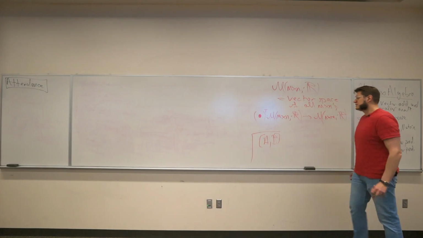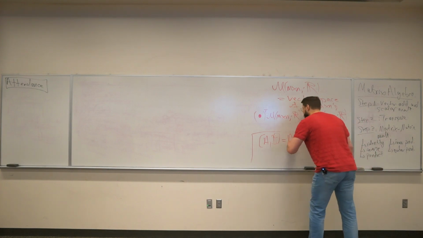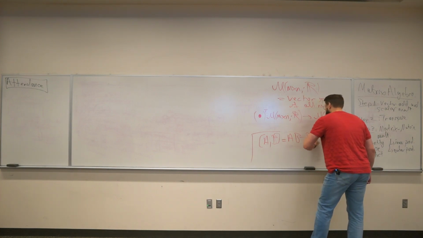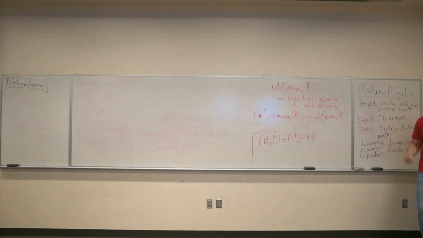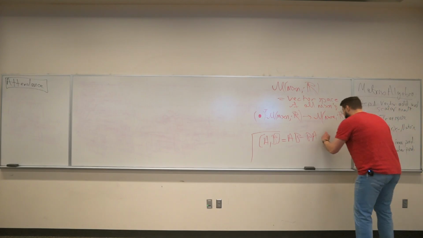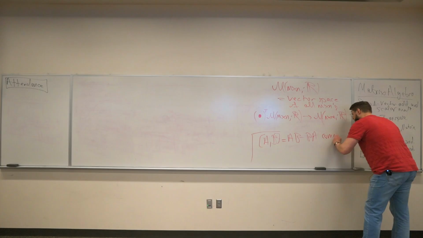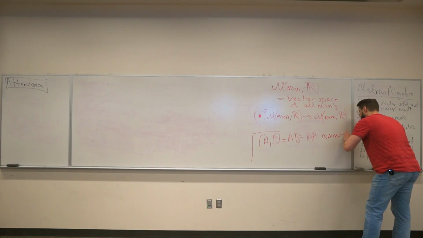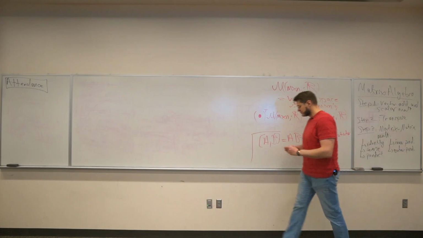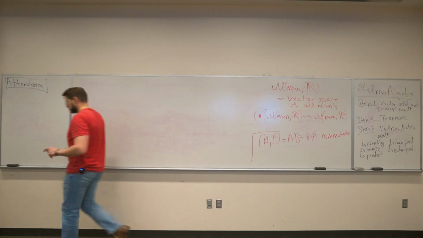It is so important that A times B is not the same thing as B times A that people call it something. It's an operator, the commutator. It's an important aspect of matrix algebra.